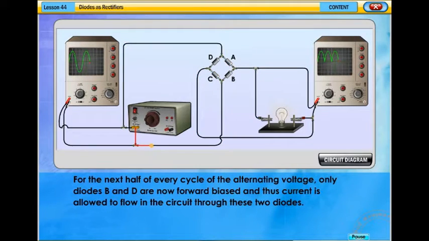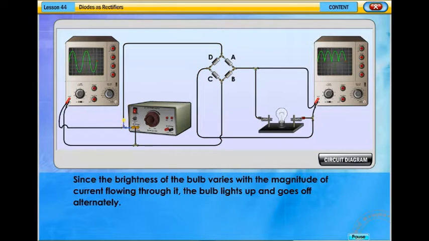For the next half of every cycle of the alternating voltage, only diodes B and D are now forward biased, and thus current is allowed to flow in the circuit through these two diodes. Since the brightness of the bulb varies with the magnitude of current flowing through it, the bulb lights up and goes off alternately.